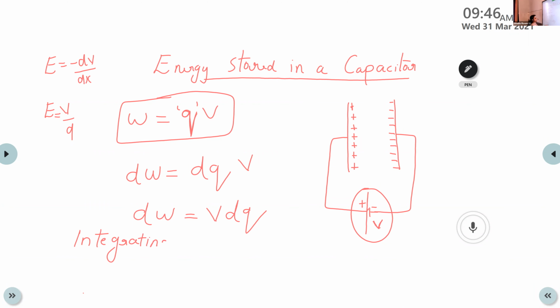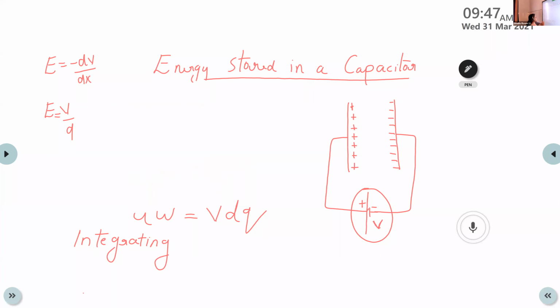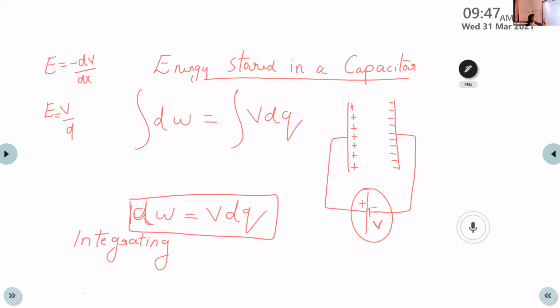So the equation becomes integral dW is equal to integral V dQ. From this small work done, we can calculate the total work done by integrating that equation.